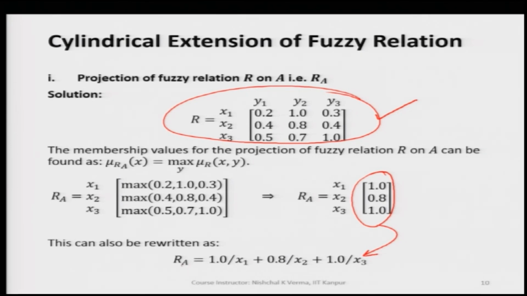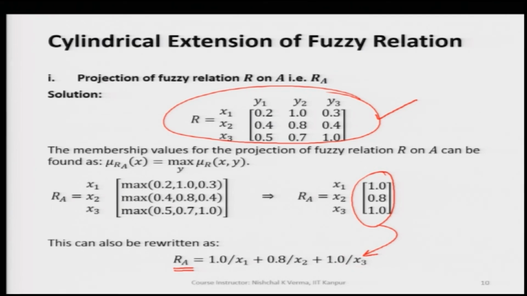So, R A will be nothing but 1 over x 1, which is the corresponding generic variable value, plus 0.8 by x 2, the corresponding generic variable value for x 2, and similarly 1 by x 3.